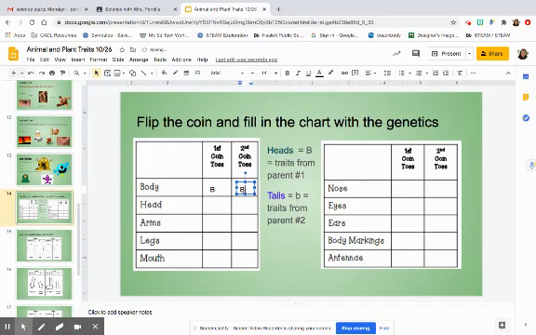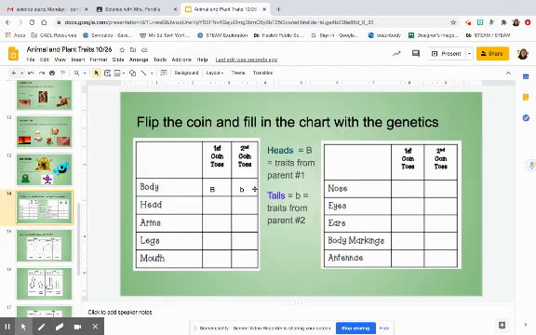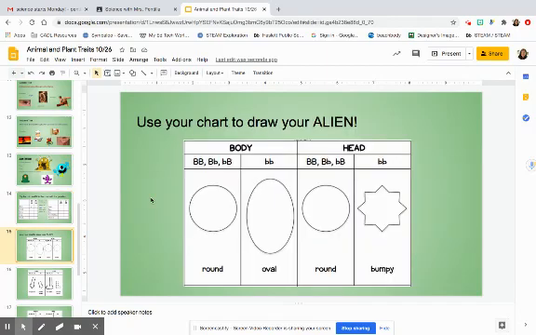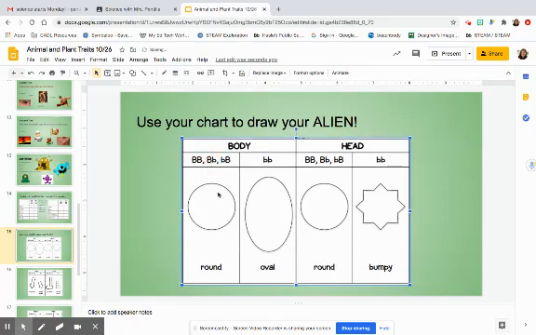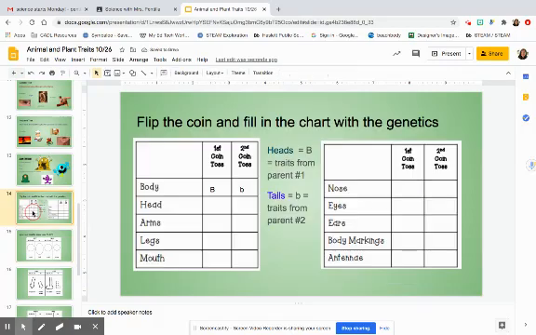So that's a lowercase b. It does matter if it's uppercase or lowercase. So that's my body. You might be saying, okay, what does that tell me? Well, once I show you the next slides, you're going to see I have an uppercase B and a lowercase b for my body. So now I need to find the combo of uppercase B, lowercase b right here. My body for my alien is going to be round. That's how I'm going to know what to do.